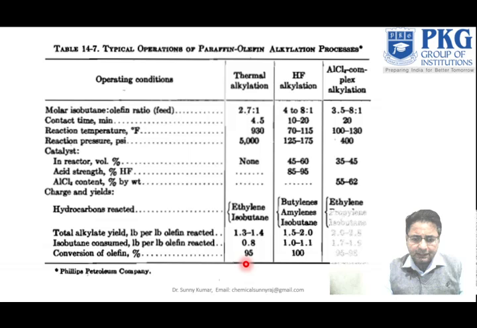The thermal alkylation conditions we can also see. So, the molar isobutane olefin ratio.